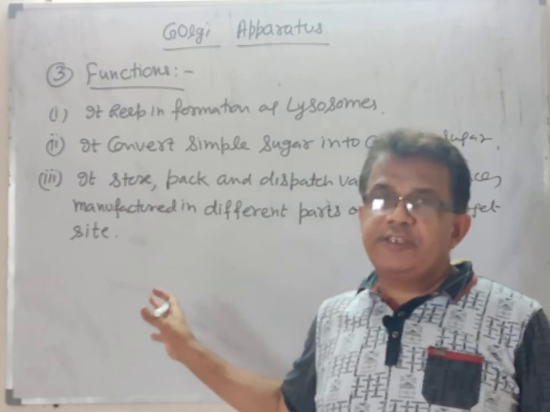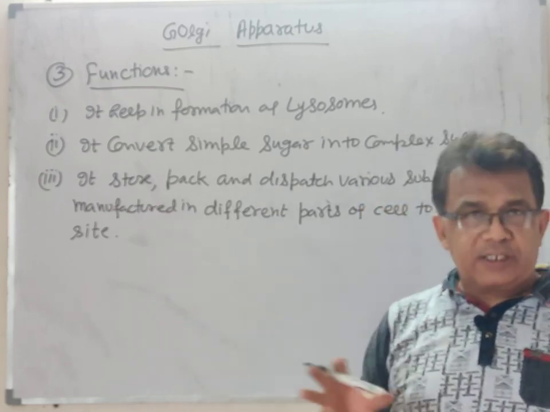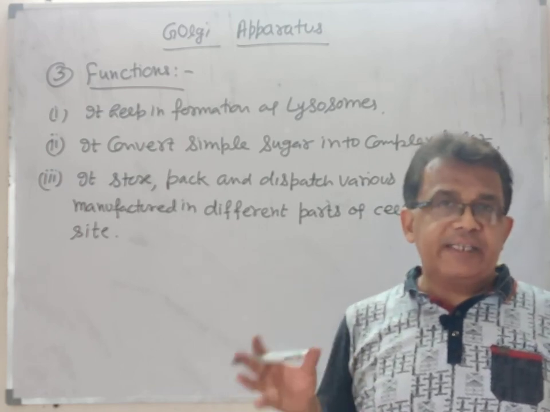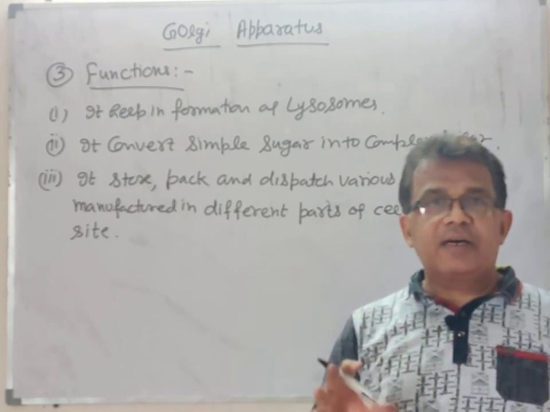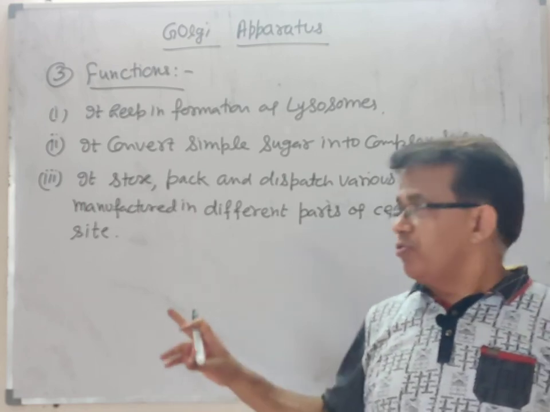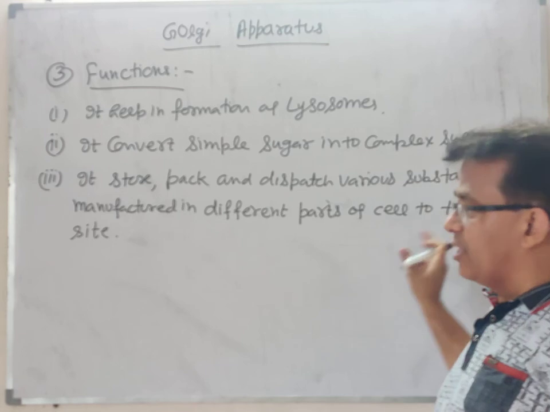So this Golgi apparatus stores such substances where they are produced, packs them and dispatches them, sends them at the sites where these substances are required. So we say such sites target site.